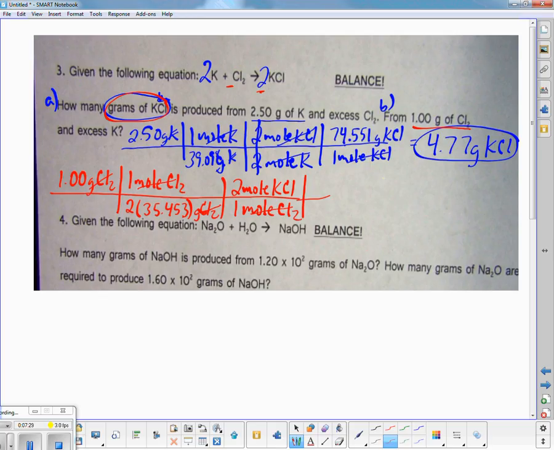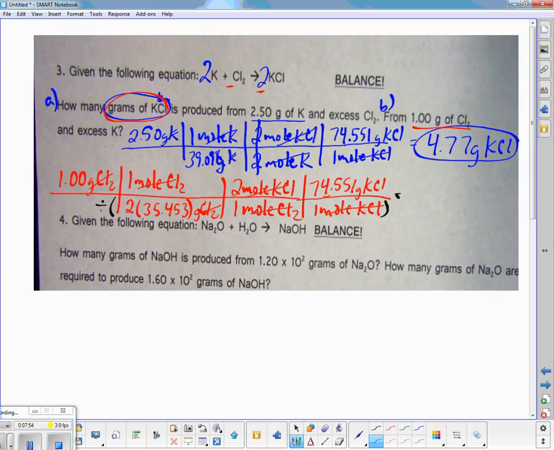Last step will be just like the one we did up above, because we're going to grams of KCl. So it's going to have 74.551 grams of KCl divided by 1 mole of KCl. Those will go out. Now, on this one, make sure that as you times through the top and go to divide, you put the bottom in parentheses so that you'll get the right answer.